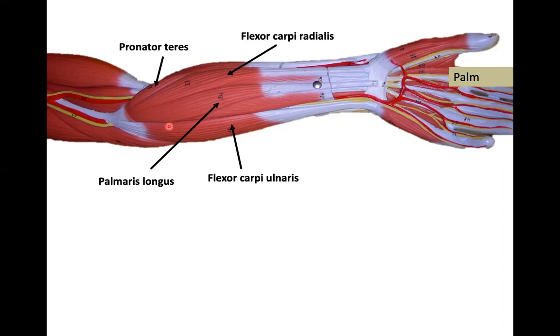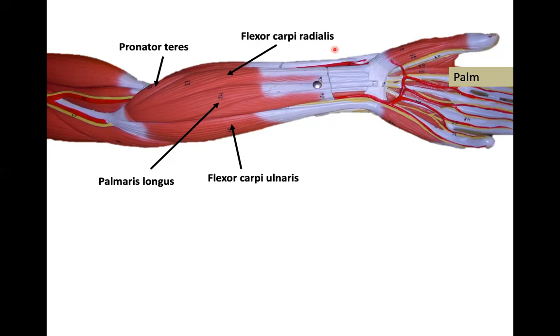So what we have is the flexor carpi ulnaris on the side of your pinky. So underneath here would be your ulna. Right in the middle, you have the muscle that is branched to basically supply the palm. That's palmaris longus. And then further toward the radius bone, running on the surface of the radius, you have flexor carpi radialis.